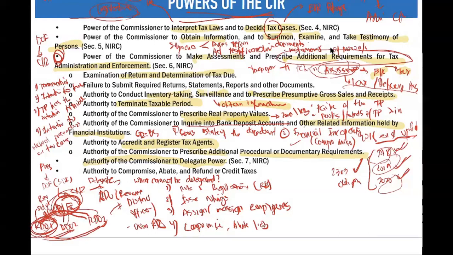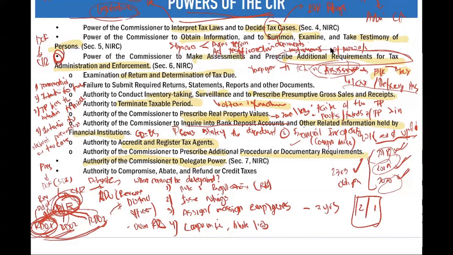Rules and regulations, RRs, issuing rulings, the assignment or reassignment of employees, and the compromise or abatement of liability. As we said a while back, what is the assignment period? Normally 3 years. But in some instances, it can also be 2 years or 1 year. The assignment of revenue officers or revenue employees can be 1, 2, or 3 years.